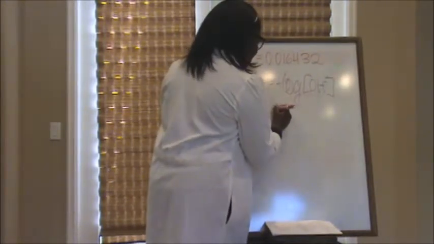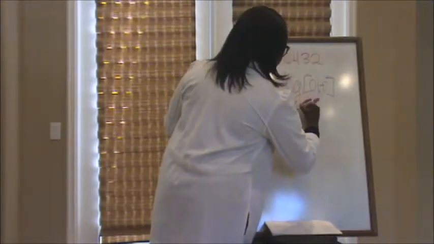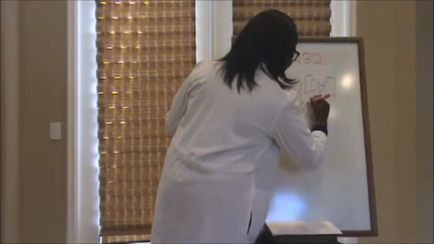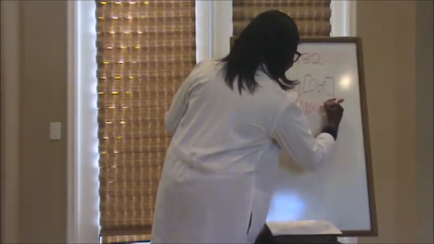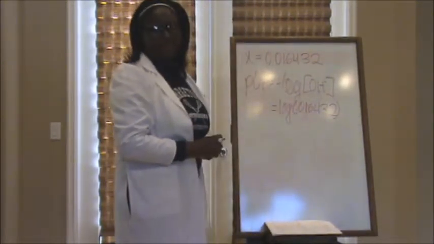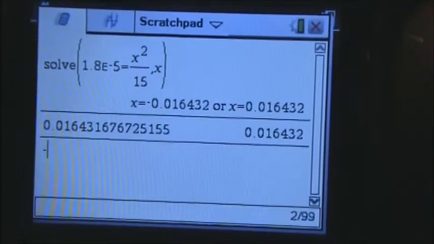Now we're going to input the x, which is the OH concentration. Now here's Olivia to calculate. Now we can use this value to solve for the pOH.